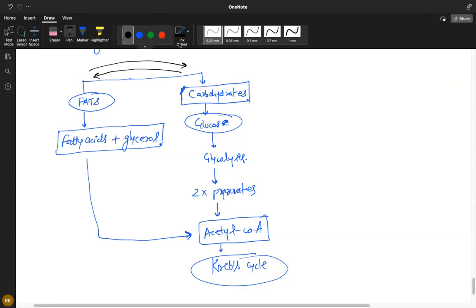You understand why? Because you have to make your body shift from using carbohydrate to start using fats and start breaking down fats. And now this shift needs some vigorous activity of your body. So our body only shifts to fat metabolism under conditions where we are doing strenuous exercises.